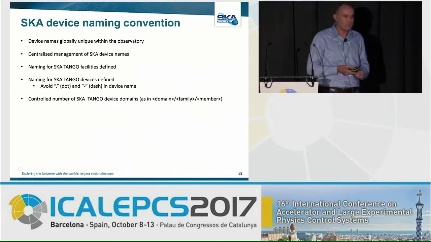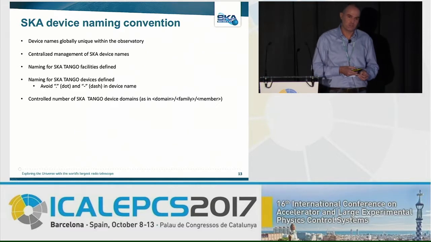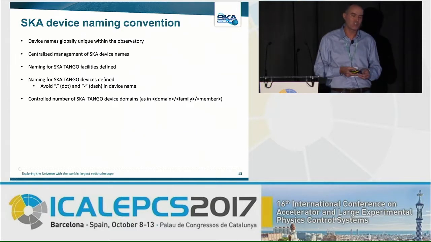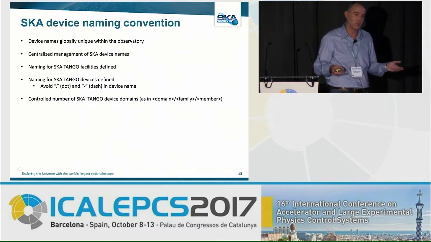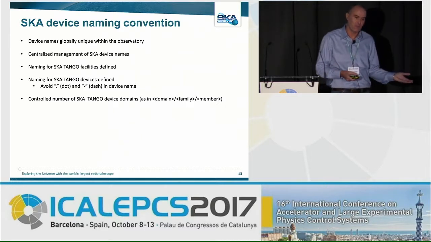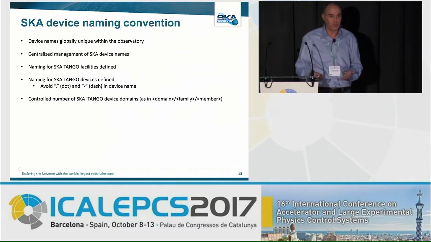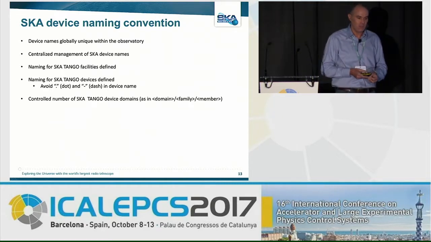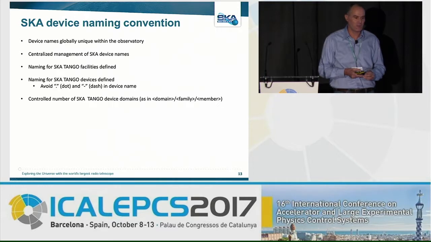And the third volume is about device naming convention, and this is going to apply to the whole telescope. So basically, it mandates that each name will be globally unique over all the observatory, which means both low and mid-frequency telescopes. The names will be managed in a central place, and the names for the SKA Tango facility have been defined as well.